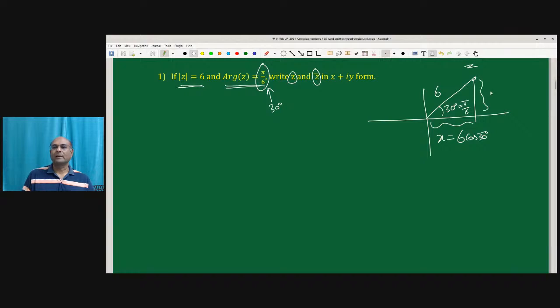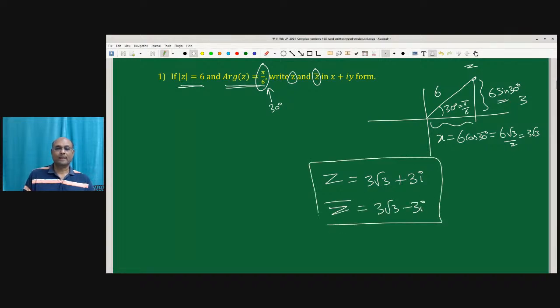What is the y? 6 sin 30. 6 sin 30 degrees is 6 into half, 3. The x is 6 into root 3 by 2, which is 3 root 3. So z is 3 root 3 plus 3i. Z conjugate is 3 root 3 minus 3i, of course.